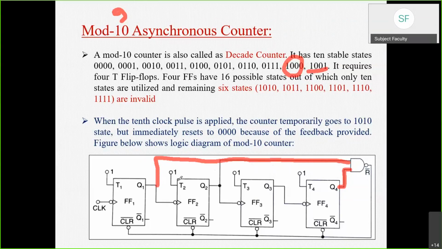When you make this change, that this connection is not Q2 but now it is Q1, then your counter becomes a mod 9 counter. So depending on how much count you want, that particular connection will vary. Okay, I hope it is fine.